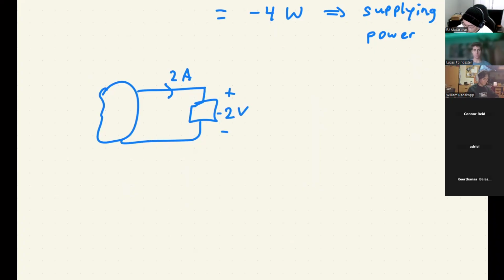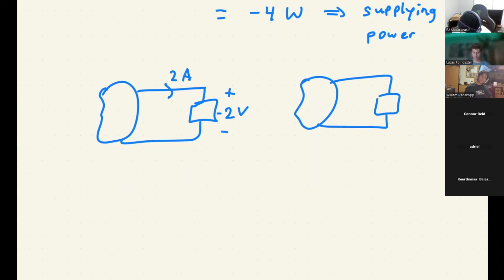If the voltage is negative, we're actually just swapping the potentials. So that circuit is equivalent to this: I just have 2 volts, but swap the potentials, and you could proceed with the analysis just as we had done before.